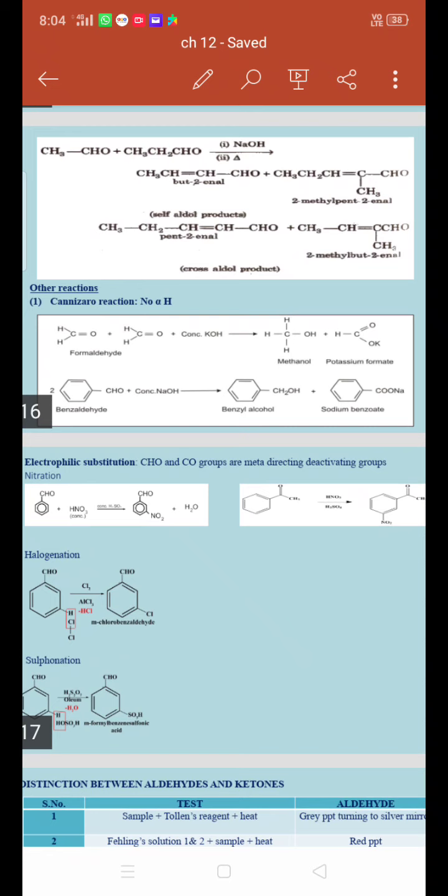Then I have a second molecule. See, formaldehyde, when it reacts with the concentrated alkali, that is KOH, what is the product formed? I got methanol, which is a primary alcohol, and a carboxylic acid salt, which is nothing but potassium formate.